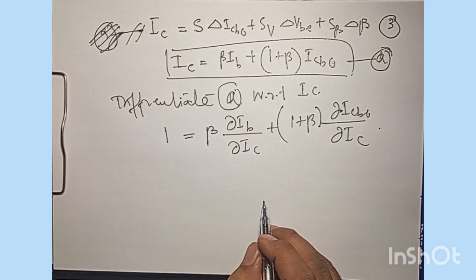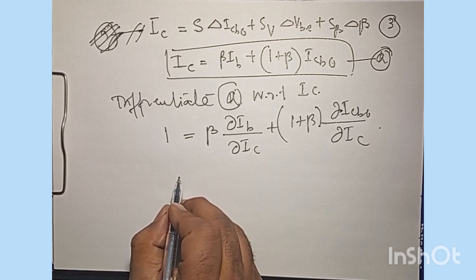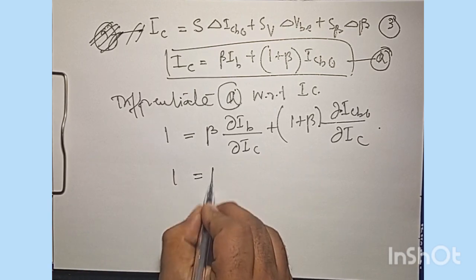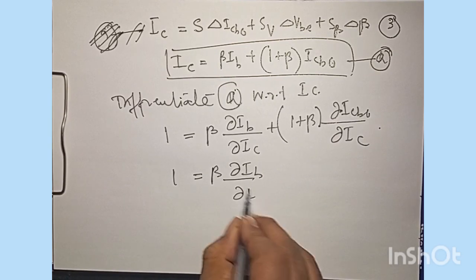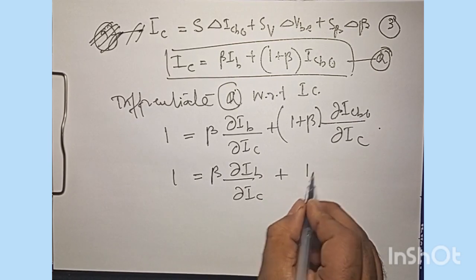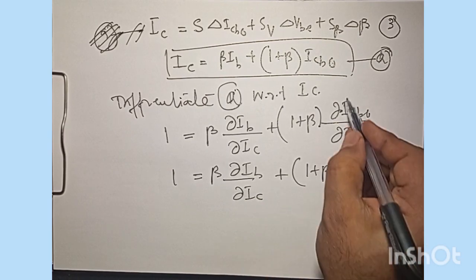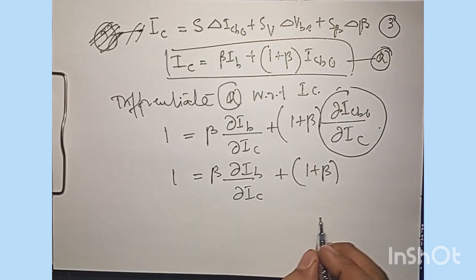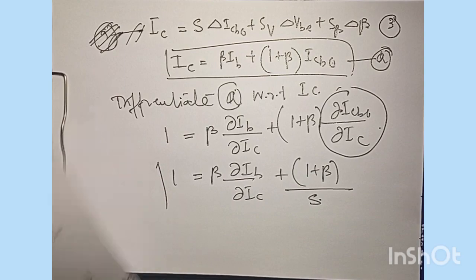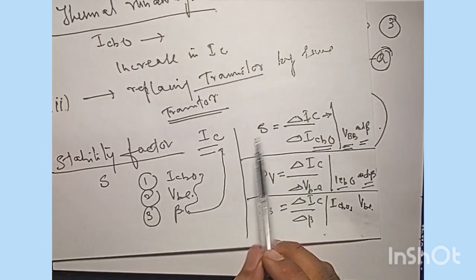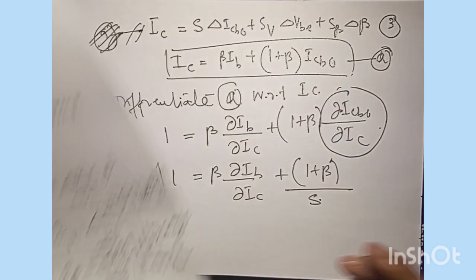So we can have some more formulation here. That is, 1 equals beta delta IB by delta IC plus 1 plus beta times, then what is this? This is the S that we have considered here. S is delta IC by delta ICBO.